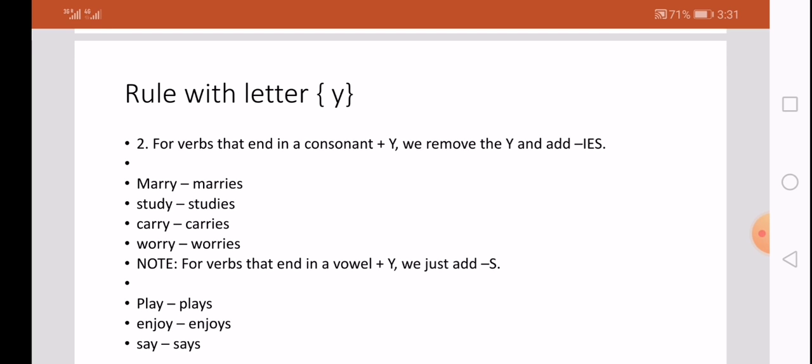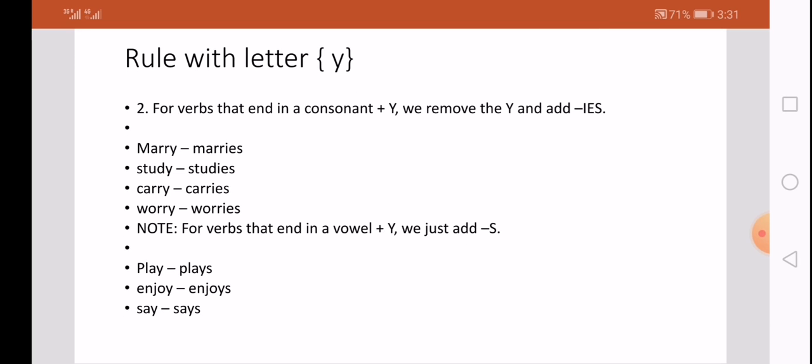Note, for verbs that end in a vowel plus Y, we just add S. So play, plays, enjoy, enjoys, say, says. We didn't remove Y because the Y comes after a vowel letter.